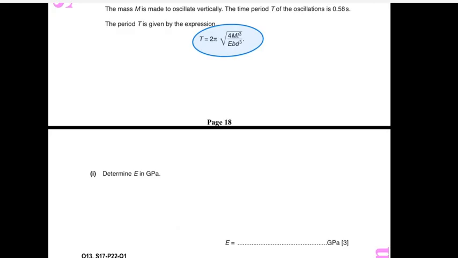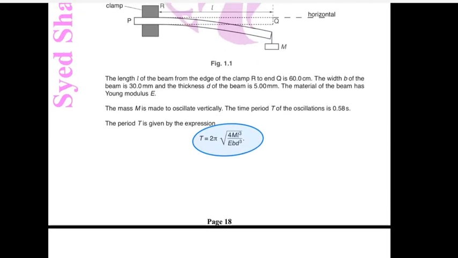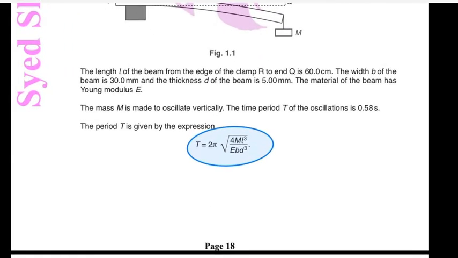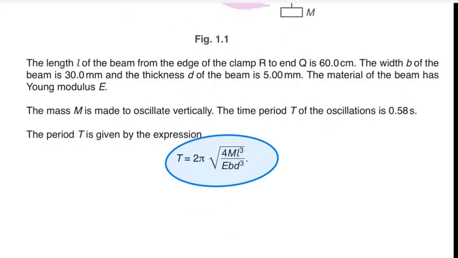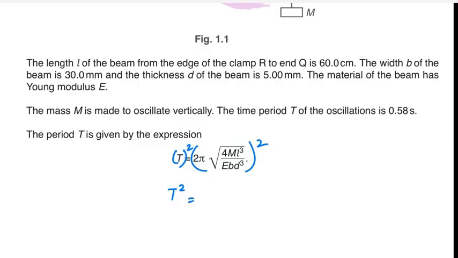So the important thing is the unit, right? So we'll just do it quickly. We need to determine E. We'll make E the subject. So when making E the subject, we'll simply square both sides. So T squared equals 4 pi squared into 4 m l cubed over E b d cubed.